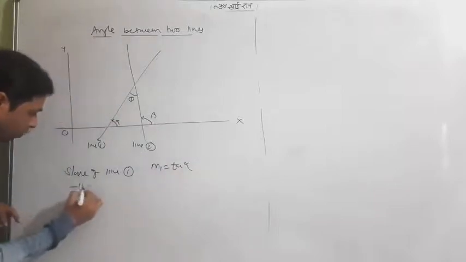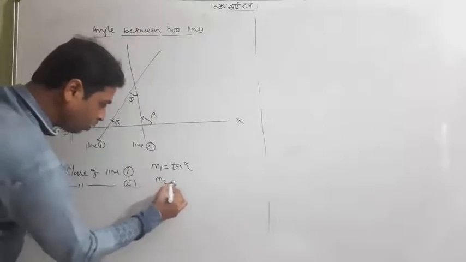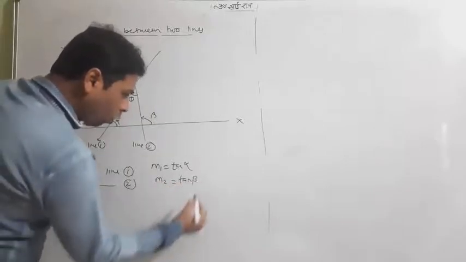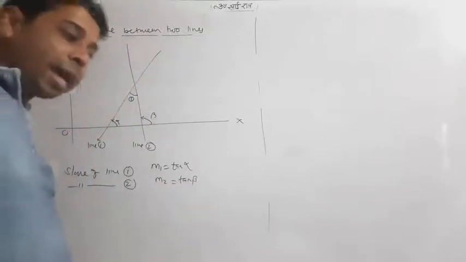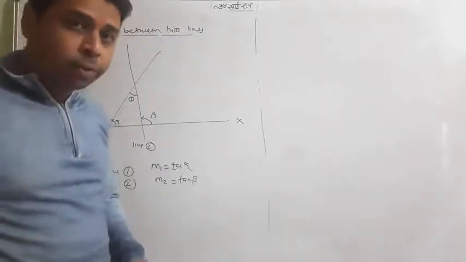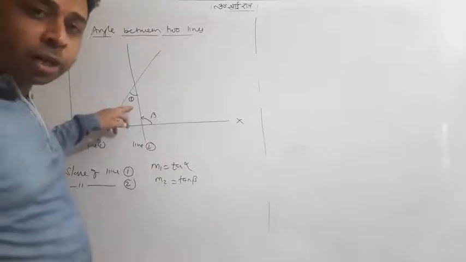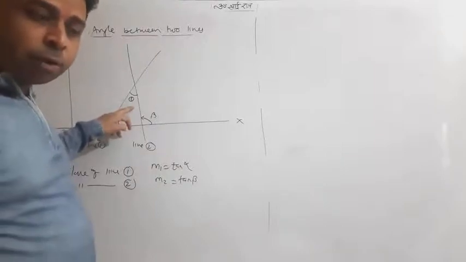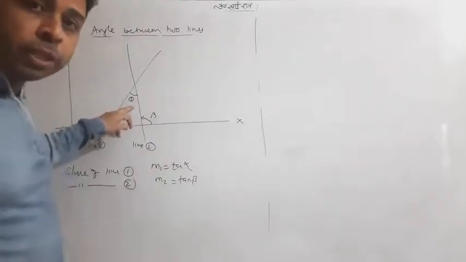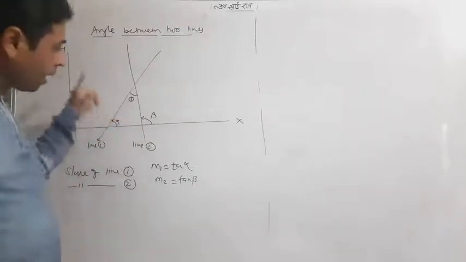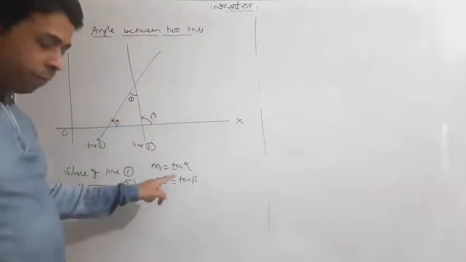What is the slope of line 2? M2 is equal to tan beta. You know, slope always depends on the angle made by the line with the positive direction of x-axis. So don't say theta. Theta is not our main angle, because for finding the slope we need to look at this angle for line 1 and this angle for line 2. So we have written it.